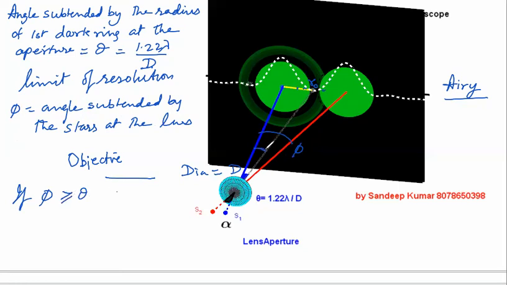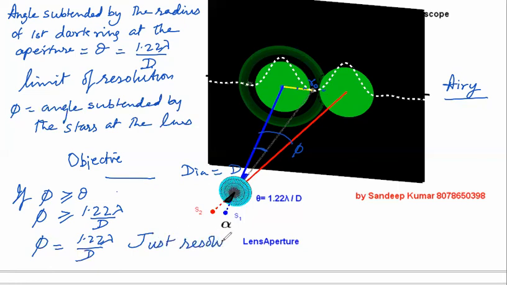Theta is the angle subtended by the radius. So phi should be greater than or equal to 1.22 lambda by d for the stars to be resolved. The condition phi equal to 1.22 lambda by d is the condition of the stars just resolved.